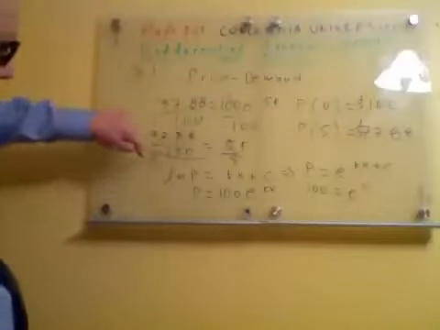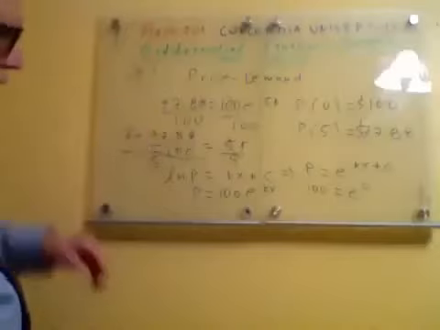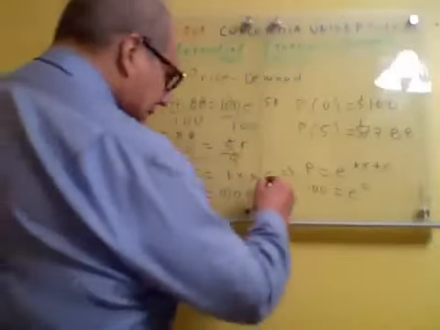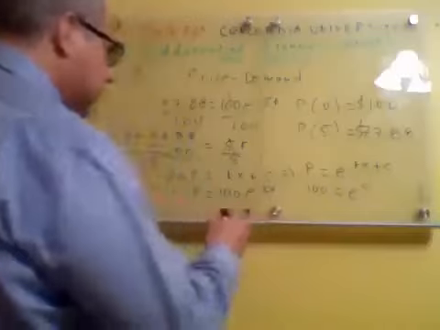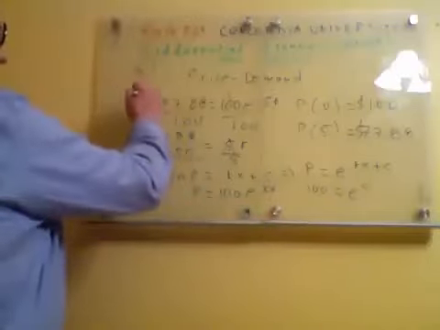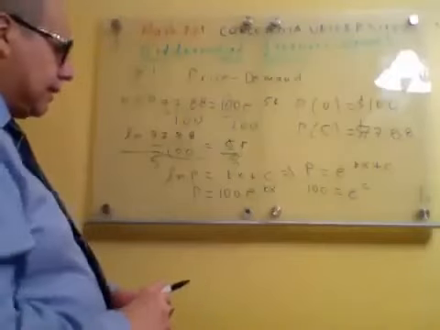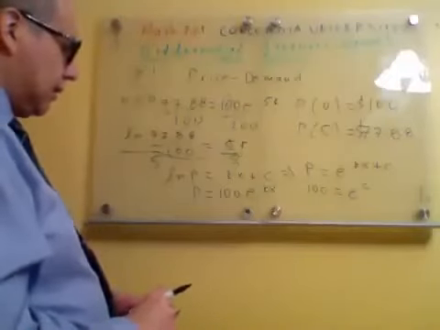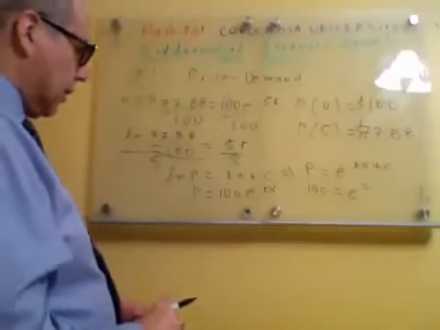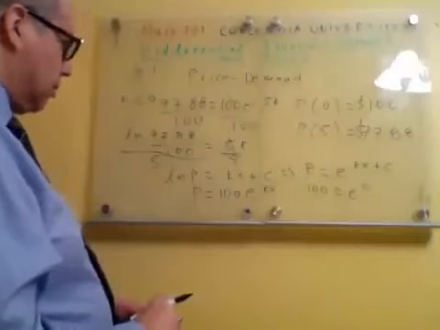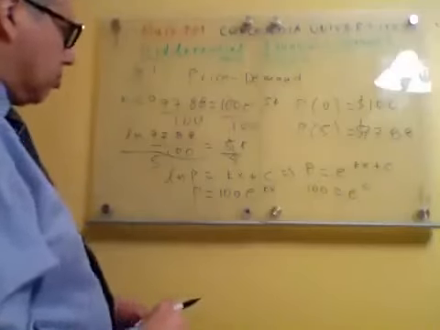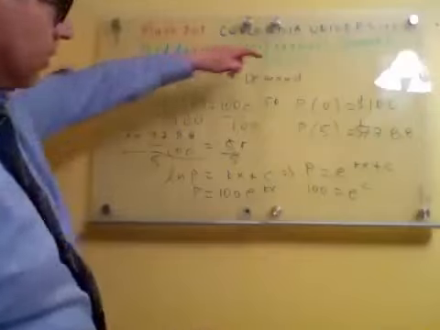Then divided also by 5, it's negative. So this k here is a negative number, which is the only thing that matters. And since it's negative, we have a decay.